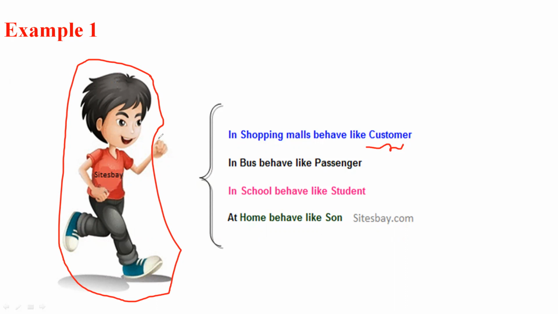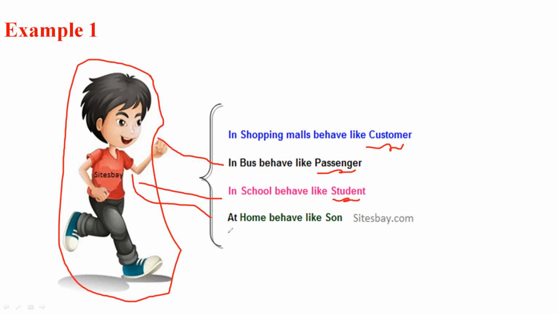In the meanwhile, when you are traveling in a bus, you are considered a passenger for that particular bus. Whereas when you are in a school, your behavior is like a student. You are representing a student character. But when you are at home, you are the son or daughter of your parents. So you behave in multiple ways.